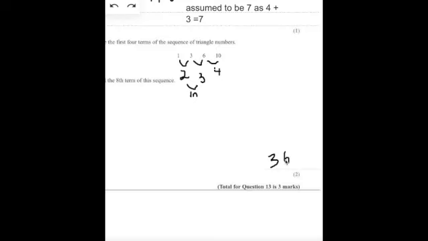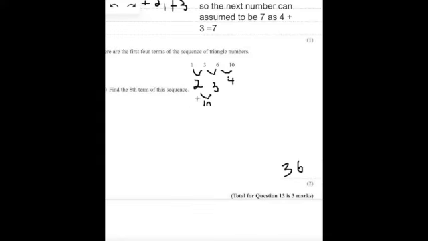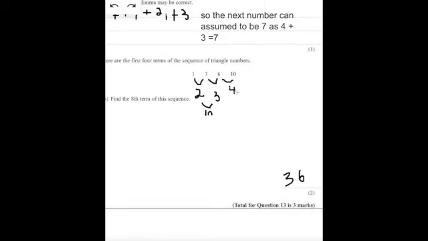Or you could do the formula method. I will show you step by step how I actually got to 36 though. But in your head you can be like, okay, so 10 plus 5 is then 15. 15 plus 6 is 21. 21 plus 7 is 28. 28 plus 8 is 36.